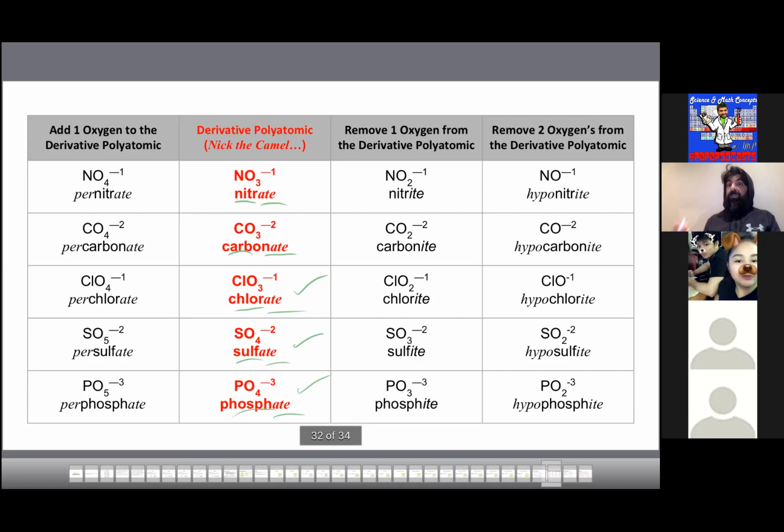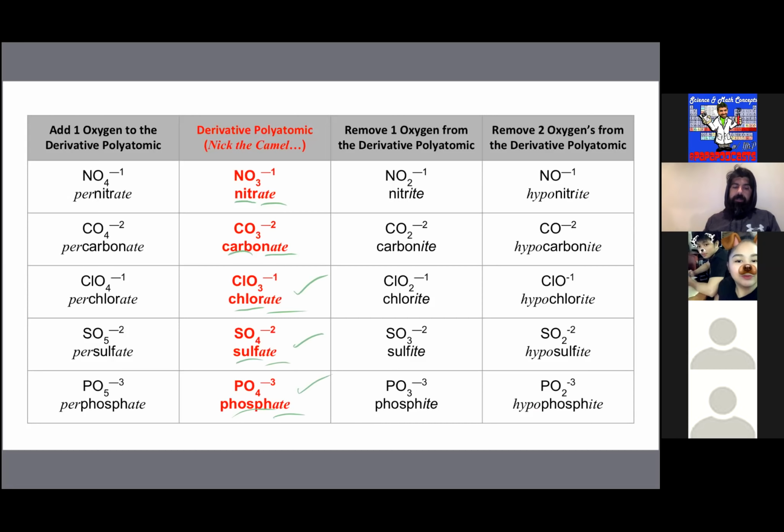Now we have derivatives. Okay, so if you look at this polyatomic, NO4 minus 1 and NO3, we have an increase of 1 oxygen. So nitrate, when we add an oxygen to the nitrate formula, we're not doing it like there's a chemical reaction, it just appears.